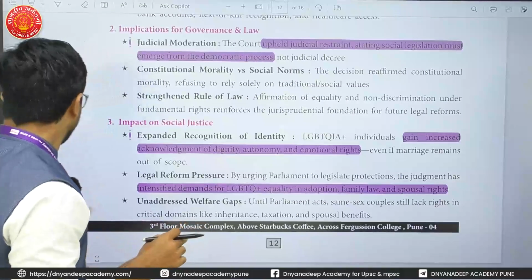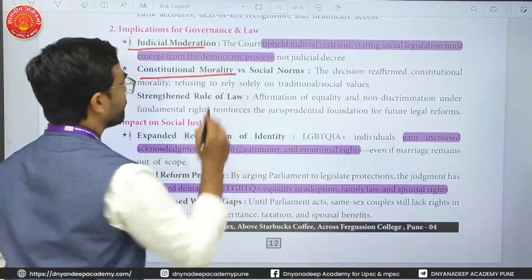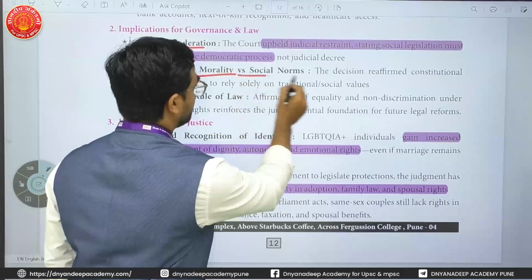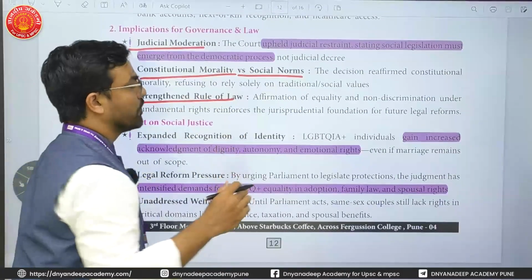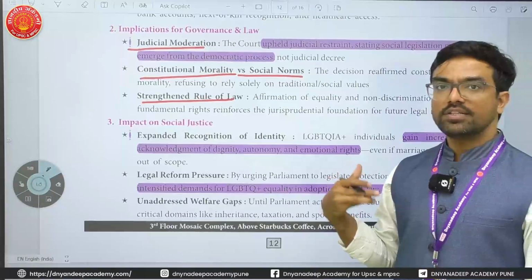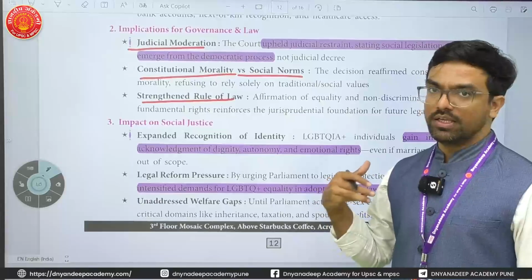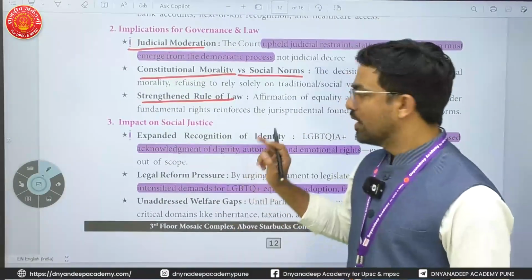It is also a very good example of constitutional morality and social norms. It also strengthened rule of law. Yes, the court is affirmatively recognizing the rights of the LGBT community. At the same time, the issue of recognition of same-sex marriage should go to Parliament.